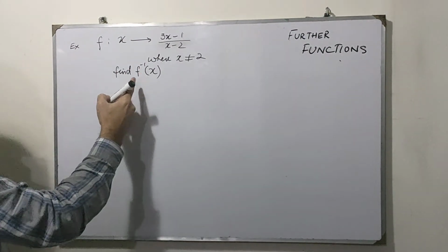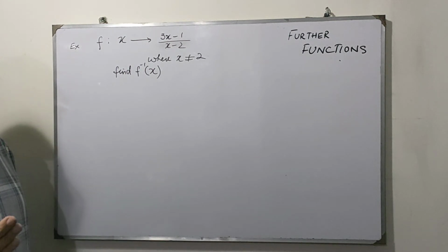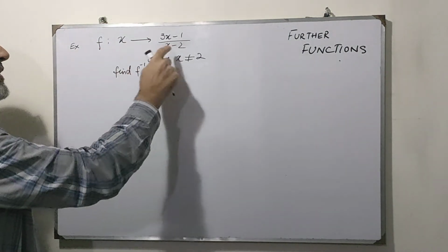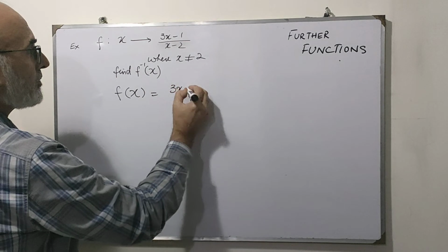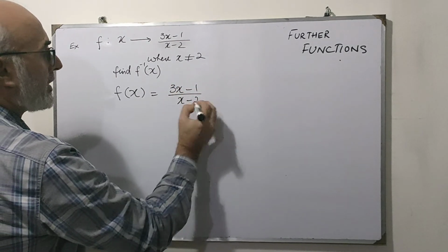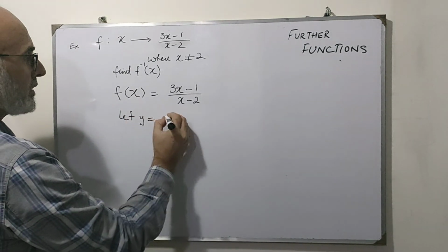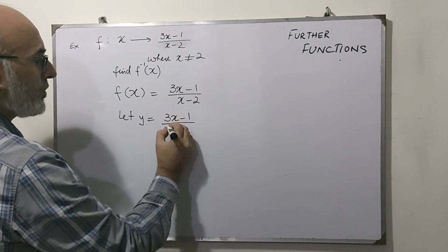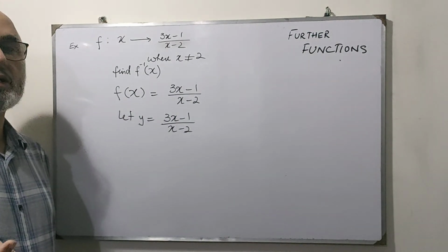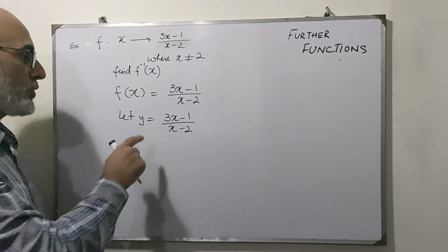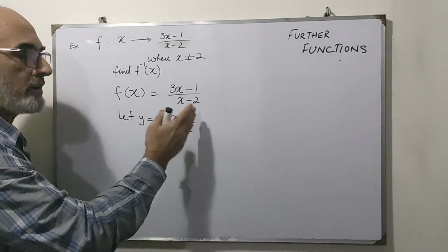Now we have to find f inverse x, but here we have a term again. So first thing is that let's write it in a proper function form. f(x) is equal to (3x minus 1) over (x minus 2). Now we are going to suppose let y is equal to (3x minus 1) over (x minus 2). So this is our term, so we cannot apply directly to the inverse function. So what we do is we introduce another variable and we say that variable is equal to this term.